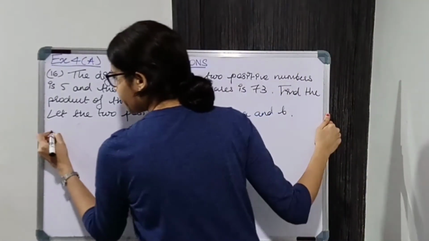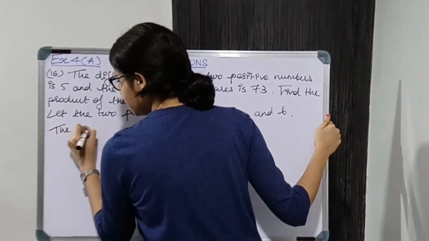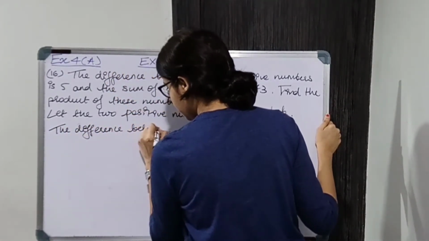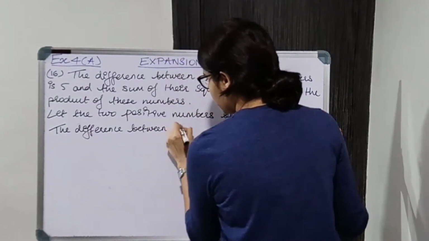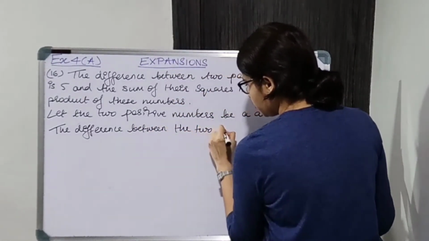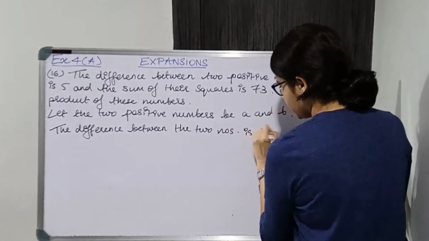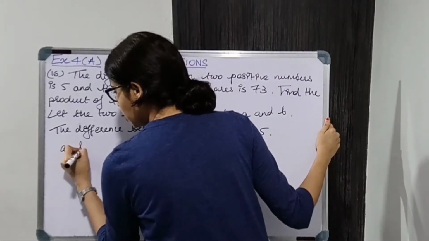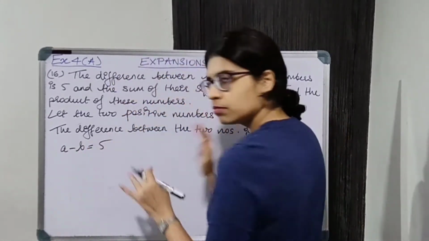So the difference between the two numbers is 5. So let's say a minus b is equal to 5.